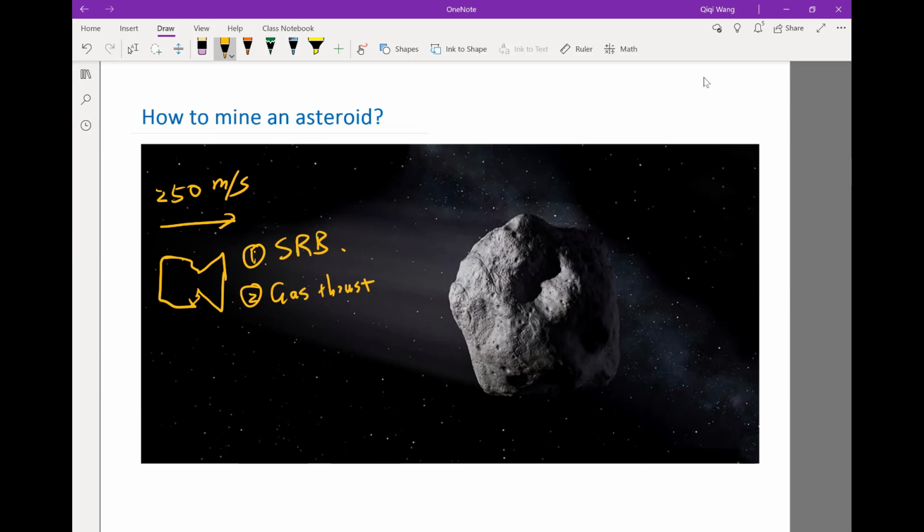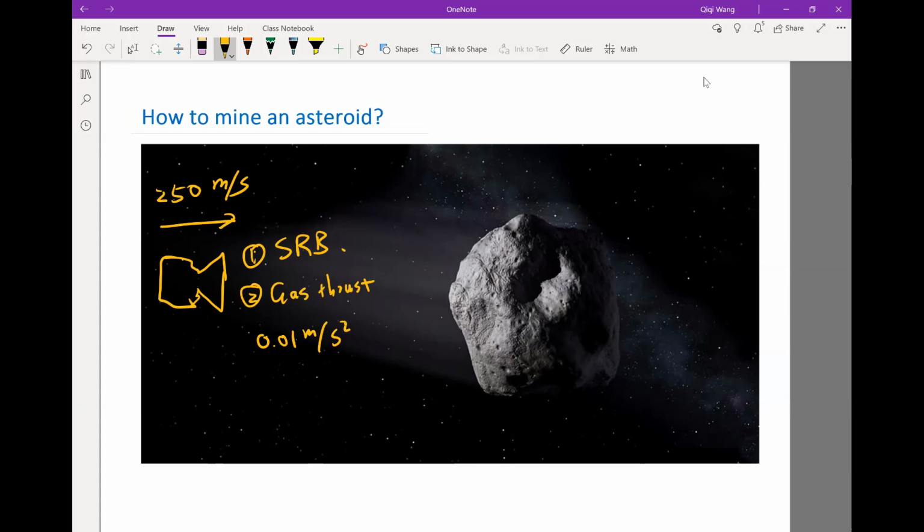So let's imagine our gas thruster can produce an acceleration of just, let's say, 0.01 meters per second squared. That's very small, but it's useful for fine tuning the location and velocity of the miner.